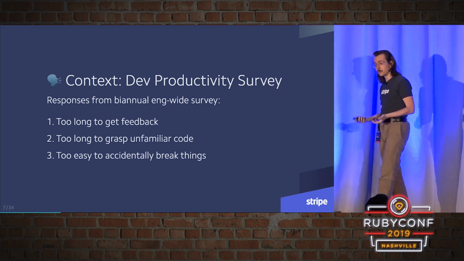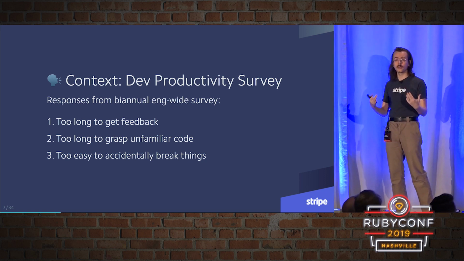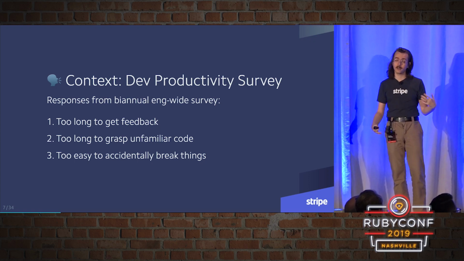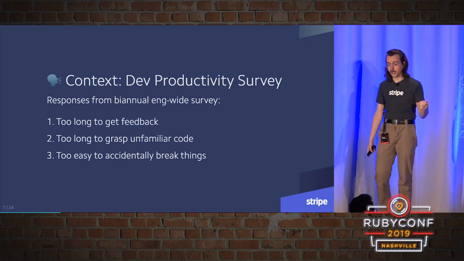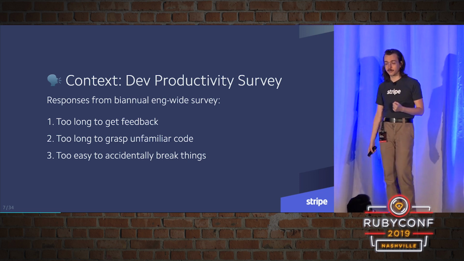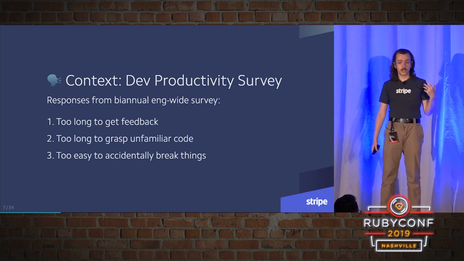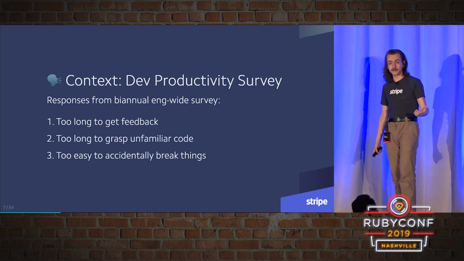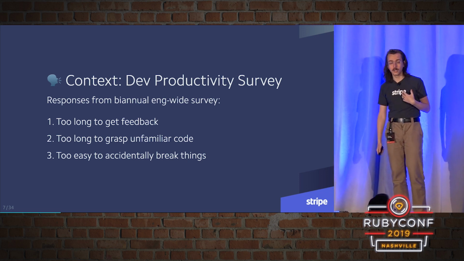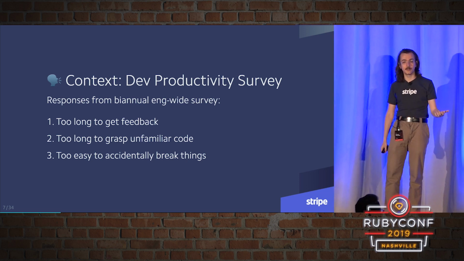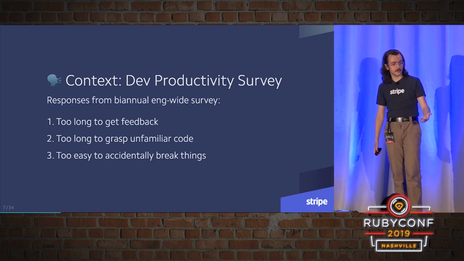In order to do our own prioritization, to figure out what to do to make our engineers more productive, one of the ways we learn what is worth improving is by asking them. We run something that we call the Developer Productivity Survey, where historically, before Sorbet existed, a common feedback we heard was that it was taking engineers a very long time to get feedback from existing systems on whether their code is correct.